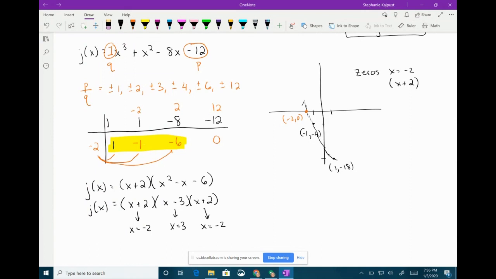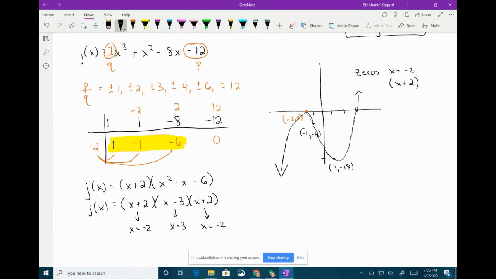You can do the graph with Desmos, but if it's going to bounce, that means it's not going to cross, it's going to bounce. So our graph is going to look something like this. And then I know at 3 it's going to hit 0. So it's going to look something like that when you graph it.